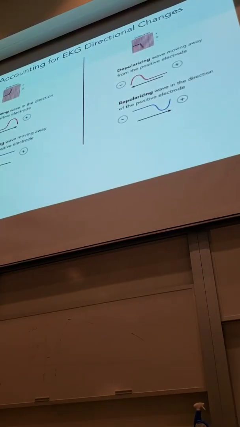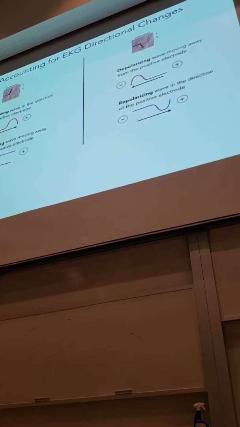All right, so if we want to think about the possibilities here, if we've got a depolarizing wave heading towards our positive electrode, or if we have a repolarizing wave heading away from it, these are going to give us positive EKGs.